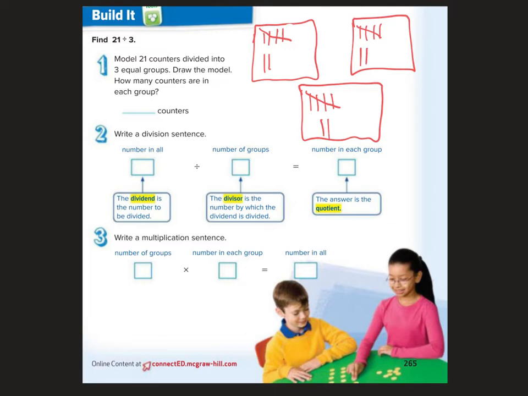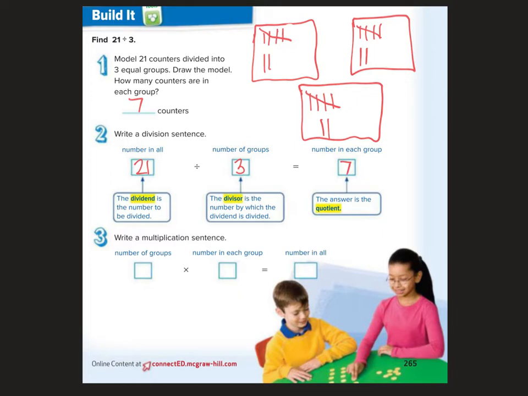So if I take 21 and divide it equally among 3 groups, I would get 7 counters in each group. When we write our division sentence, the dividend is the first number, so that would be my biggest one, 21. I'm going to divide it by the divisor, which is our number of groups. We have 3 groups, and that will give us the quotient, which is 7.